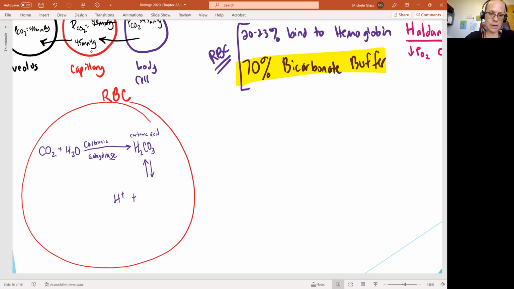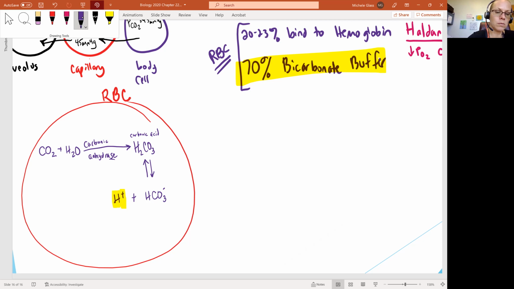And it's going to be making bicarbonate ion. So right here, H+, this is going to be reducing our pH. And then here we have bicarbonate ion.